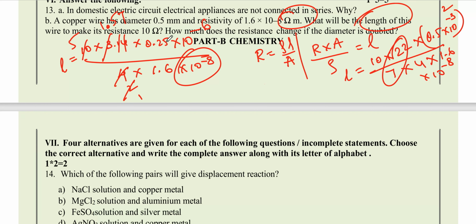Multiply 1.57 into 0.25. 5 into 1.57, multiply all the numerators. 5 into 1.57 is 7.85, correct. Again multiply 7.85 with 0.25, the value is 1.9625, divided by 1.6.